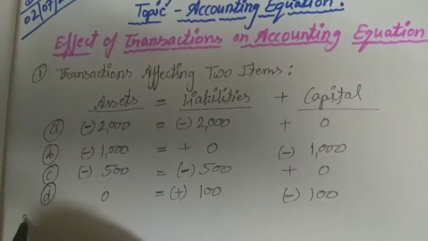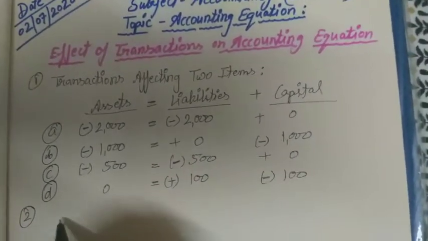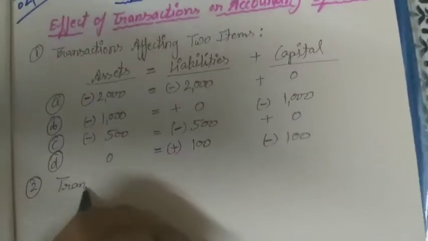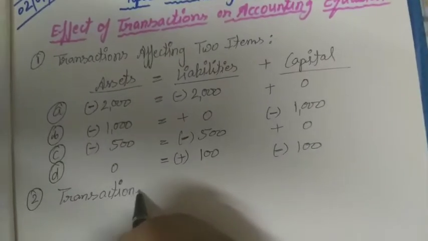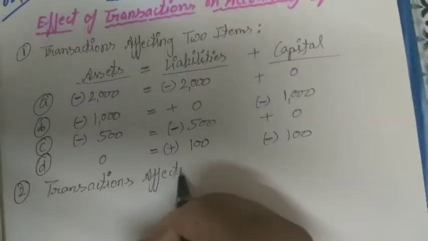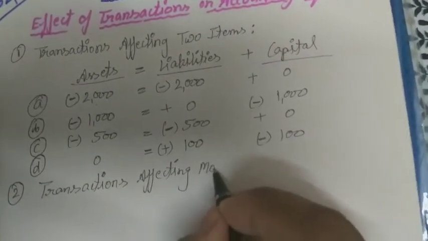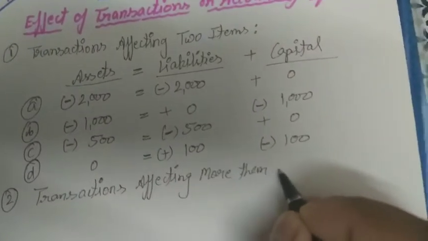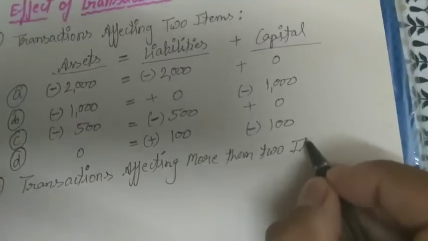Second one is transactions affecting more than two items.